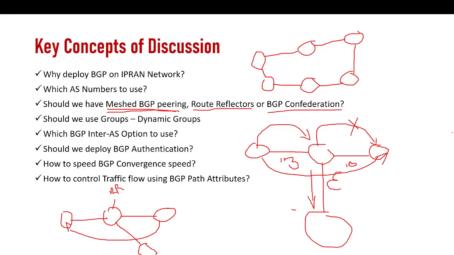I will use the next slide to illustrate the route reflector deployment on an IPRAN network. But of course, you can always have multiple. If you have only one, it's never enough. It may go off and you have connectivity issues. So it is always recommended that you have multiple route reflectors in the network, and they are always deployed in the aggregation or the core part of the network.